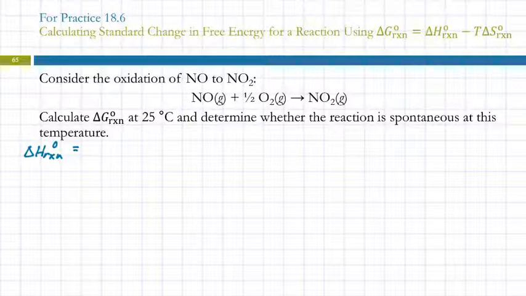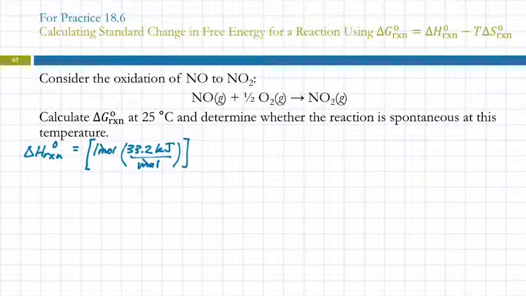NO2, heat of formation, 33.2 kilojoules per mole. So we're taking the heats of formation for the products and subtracting the heats of formation for the reactants. That's my one product. The moles cancel out.